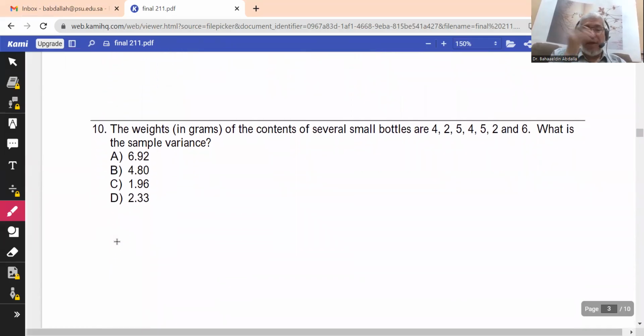The weights in grams of the contents of several small bottles are these. What is the sample variance? Well, you can use the calculator easily here to find the sample variance. If you go to mode stat, press 3, then press 1, and then write these numbers: 4, 2, 5, 4, 5, 2, and 6.